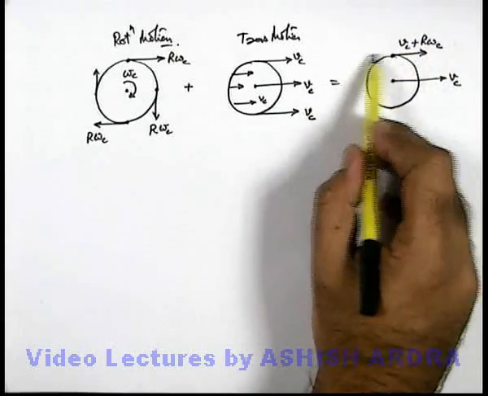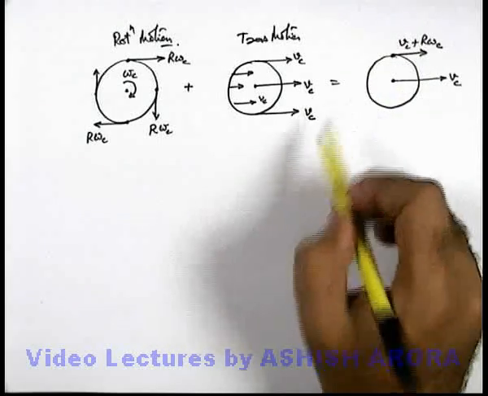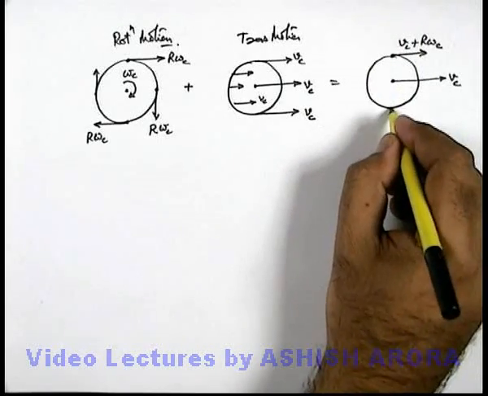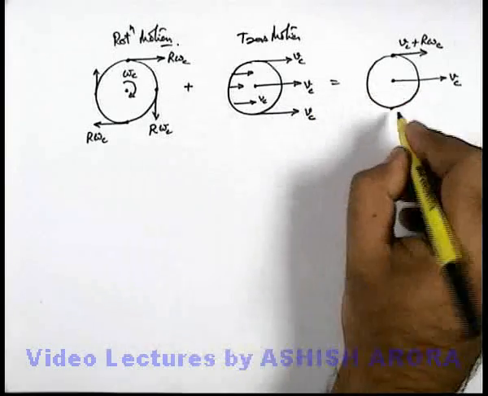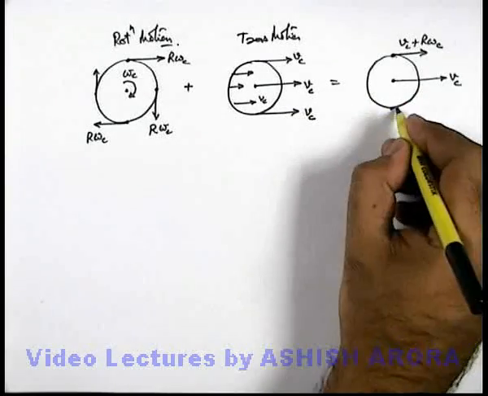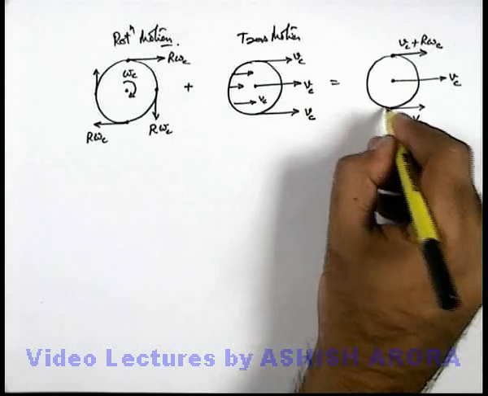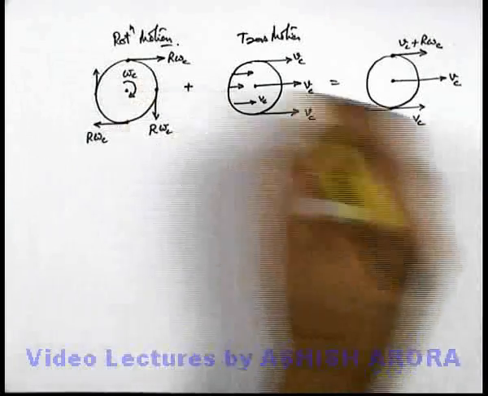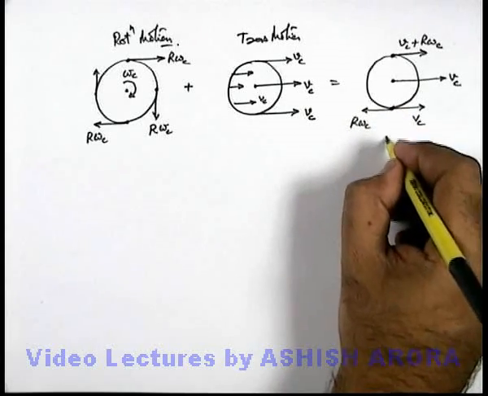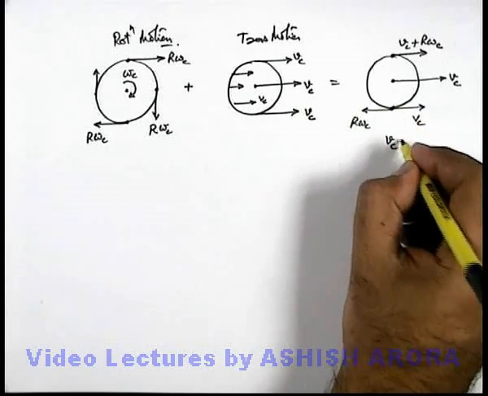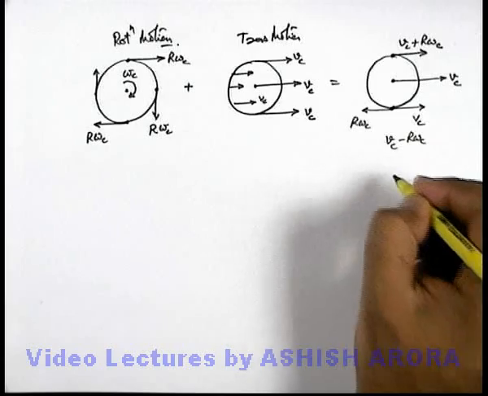That will be the fastest particle in rolling motion. The particle at the bottom, which is in contact with the surface, will have one velocity Vc in the forward direction and the other velocity due to rotation, r omega c, in the backward direction. So for the bottommost particle, the speed can be written as Vc minus r omega c.